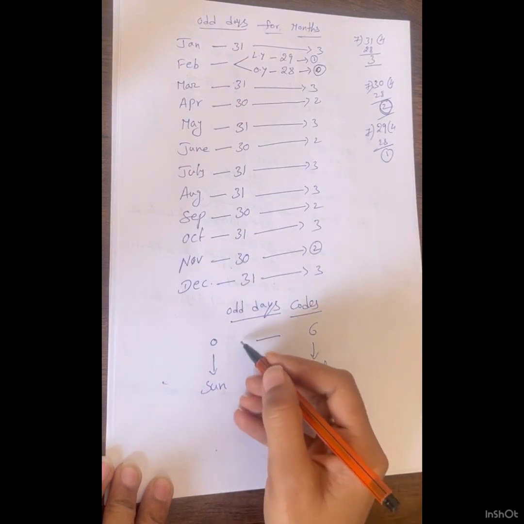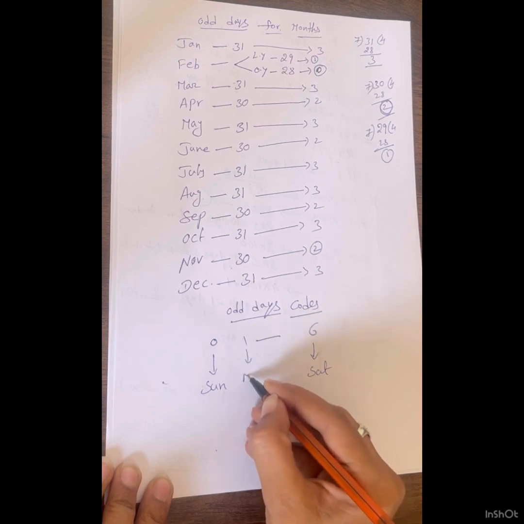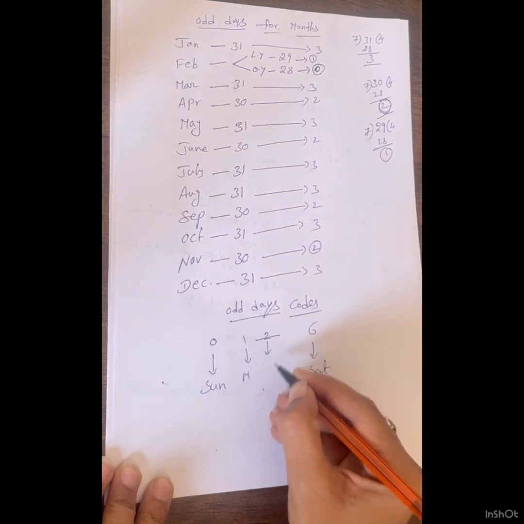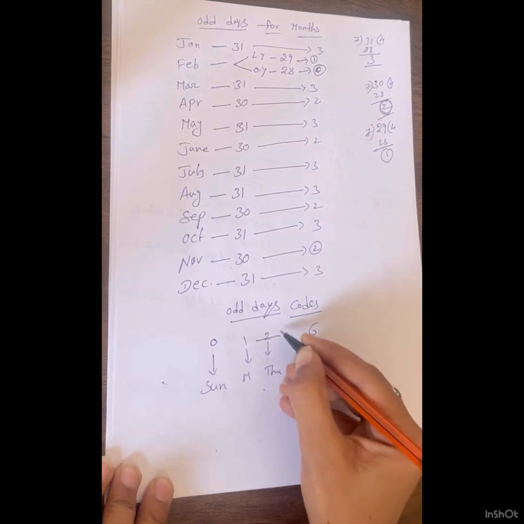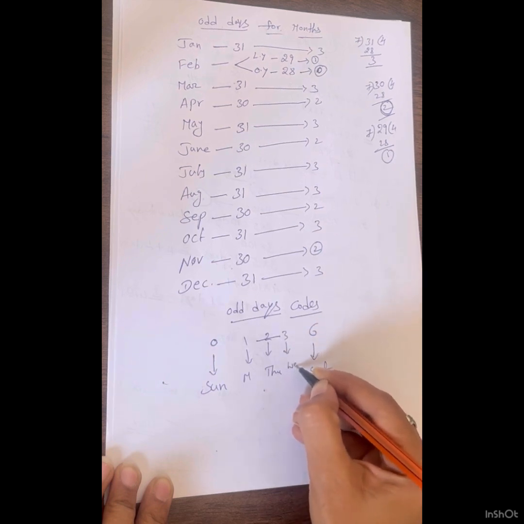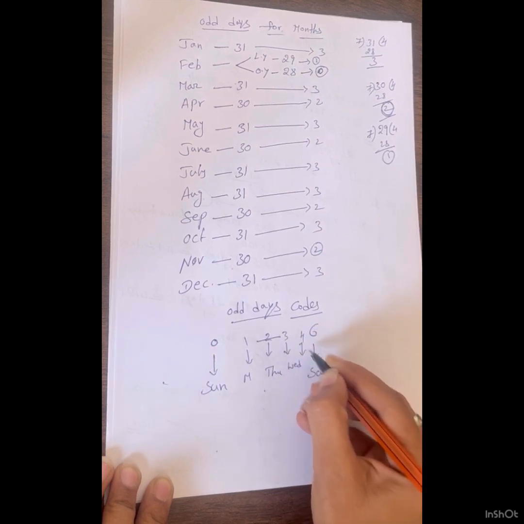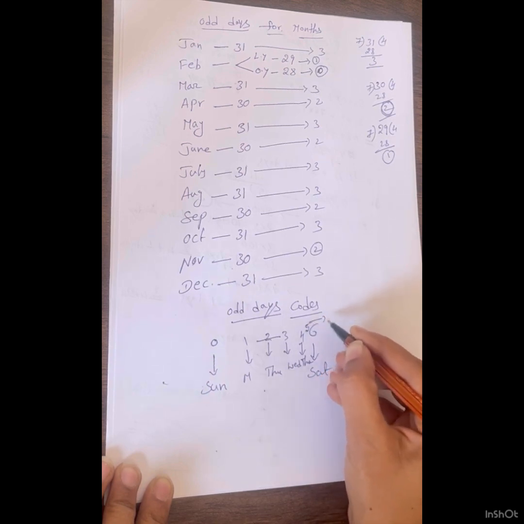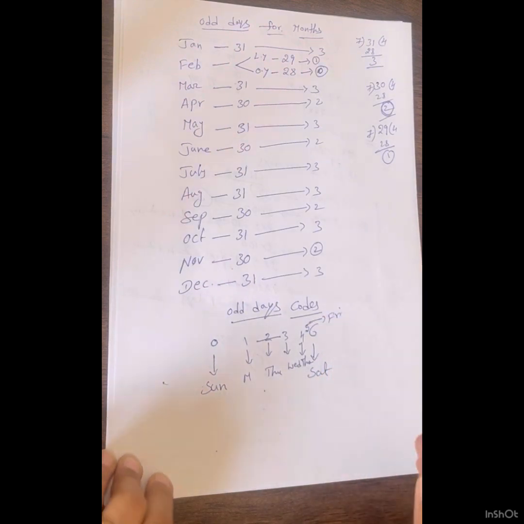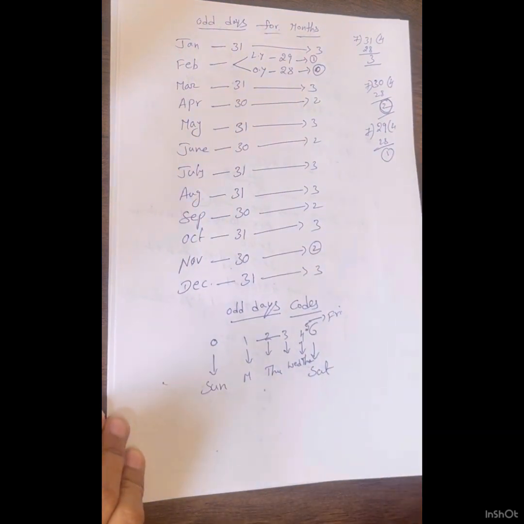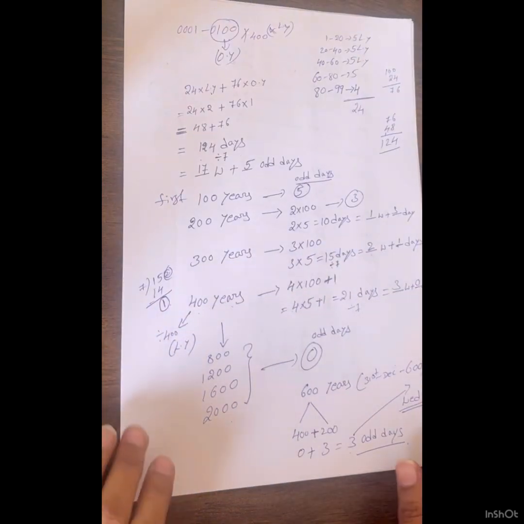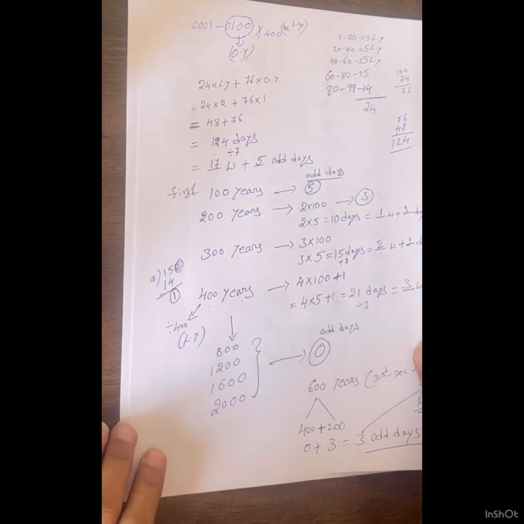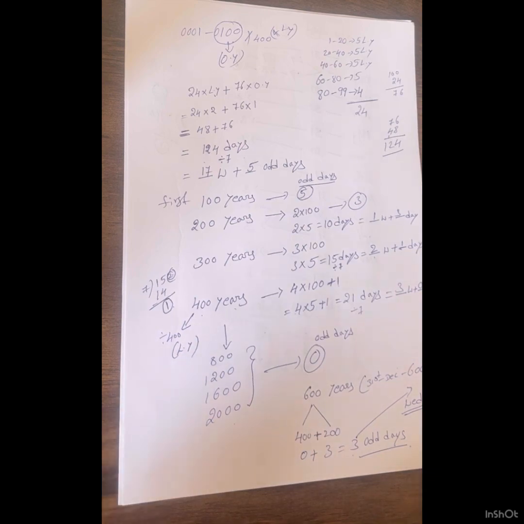So the remaining: 1 represents Monday, and 2 represents Tuesday, and 3 represents Wednesday, and 4 represents Thursday, and 5 represents Friday. Okay, these are the most important before going to solve the problems related to calendar. So in the next video I will upload the problems related to calendar.